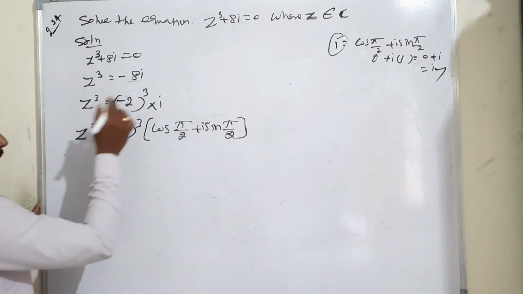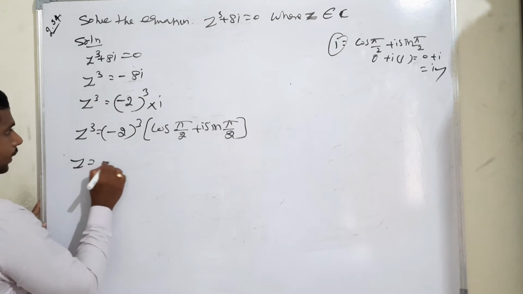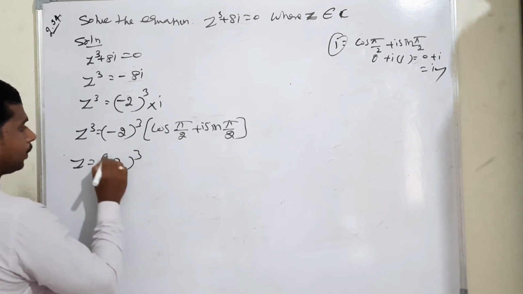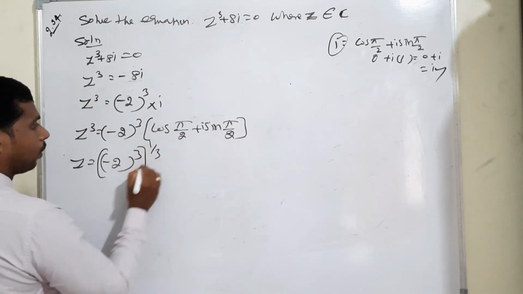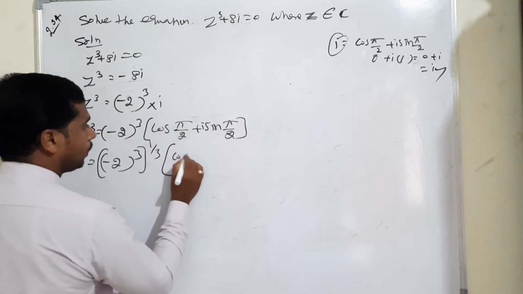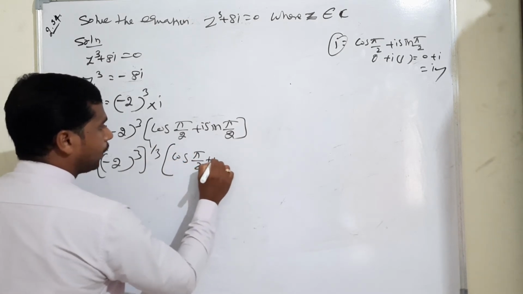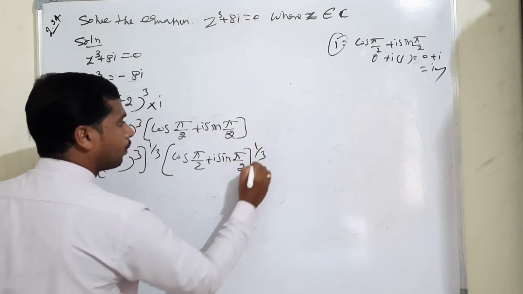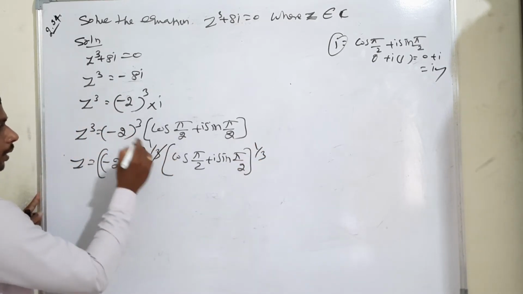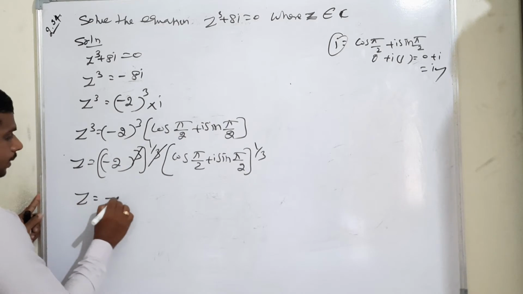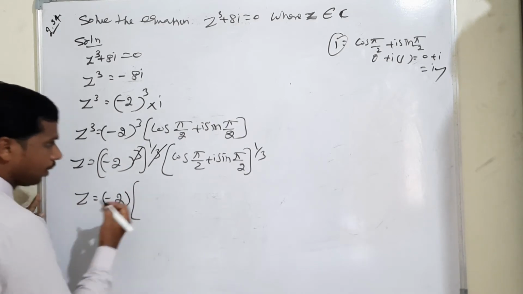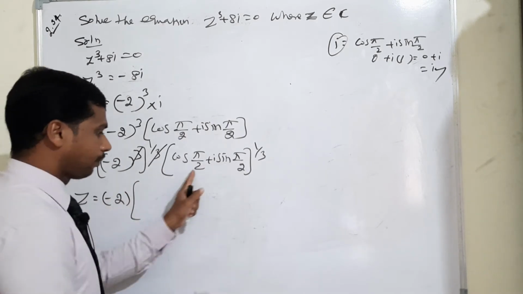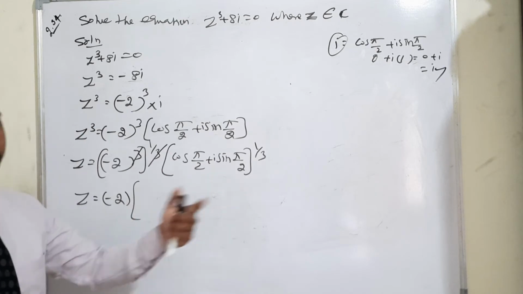Now cube bring to the opposite side means z is equal to minus 2 the whole power 3, the whole power of 1 by 3, then cos pi by 2 plus i sin pi by 2 the whole power of 1 by 3. So the 3 cancels, then z is equal to minus 2. Then how to write the general term of polar? Add 2k pi.